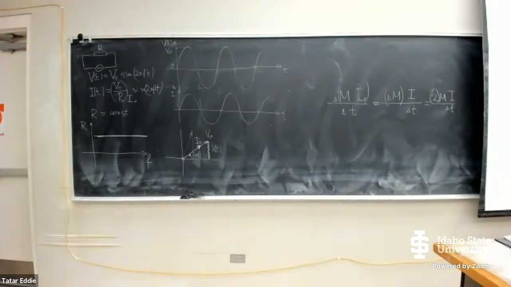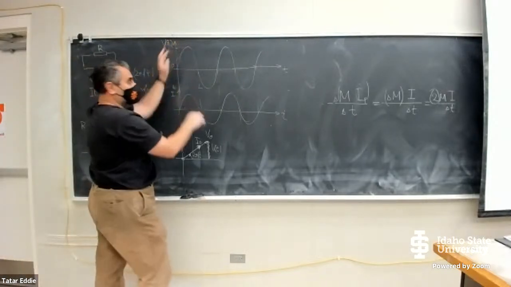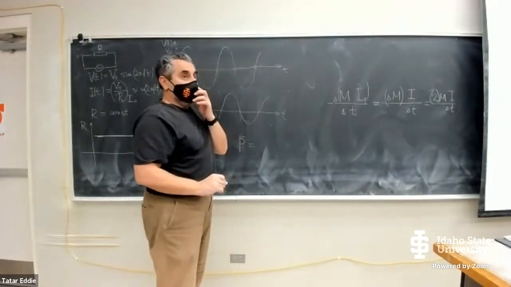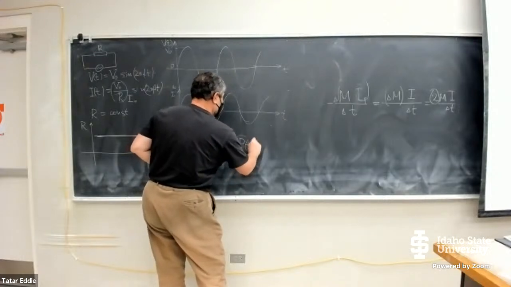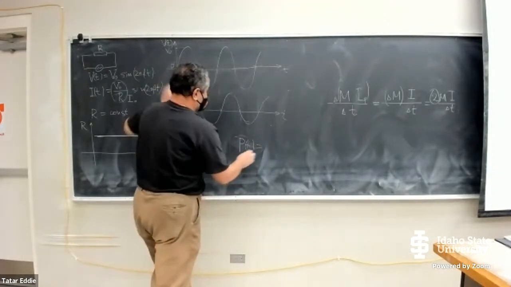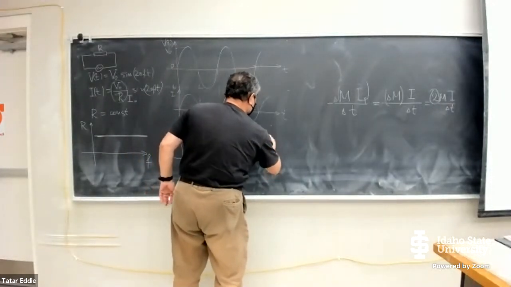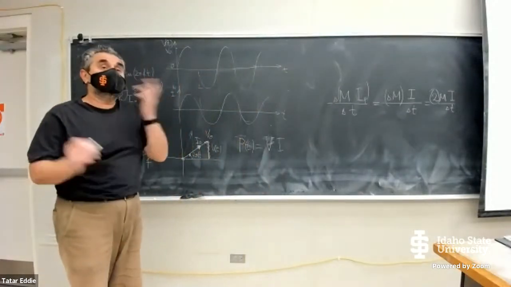So notice the power that is consumed by this resistor is just the product of voltage and current. The average power consumed in your resistor is, or not average, let's make it the instantaneous value, going to be the product of the instantaneous value of the voltage times the instantaneous value of the current, whatever they have.